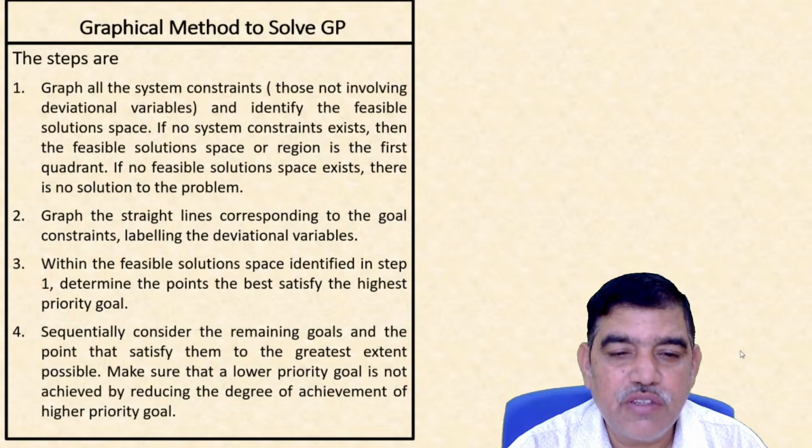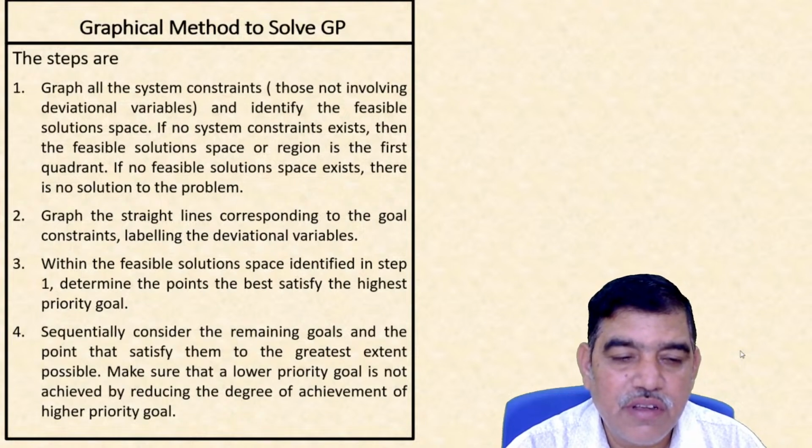Subject to constraints, there are two equations. 2x1 plus x2 less than or equal to 5. And the second constraint is x1 plus 3x2 less than or equal to 6. So there are two constraints, and subject to the conditions x1, x2 greater than or equal to 0. So this is the LPP model.